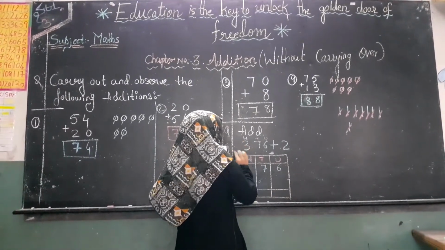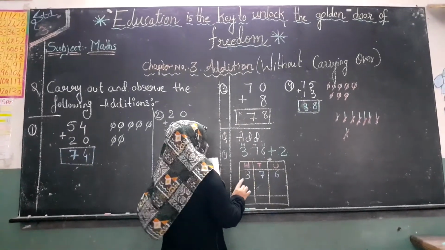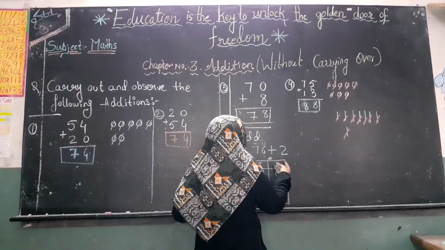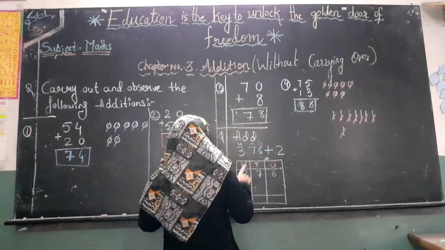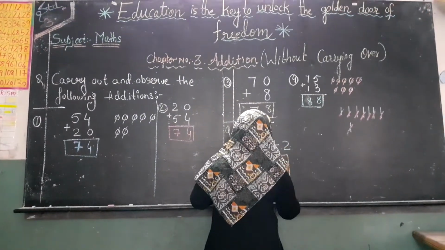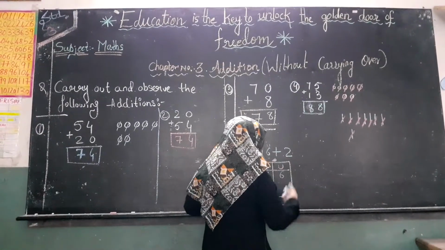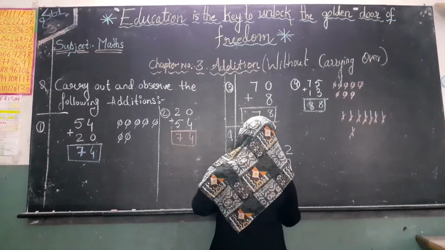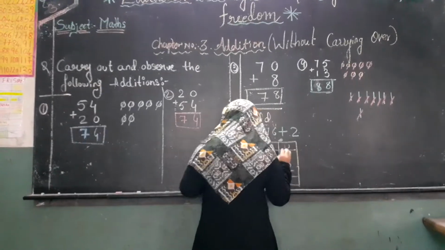Now in the hundreds place which number is there? 3. Okay. Now on this side which number is there? 2. And how many digits are there? Only 1. So we have to write it in the units place. Always remember you have to start from the right side. So here we will write in the units place 2.